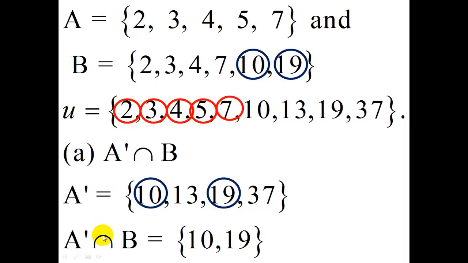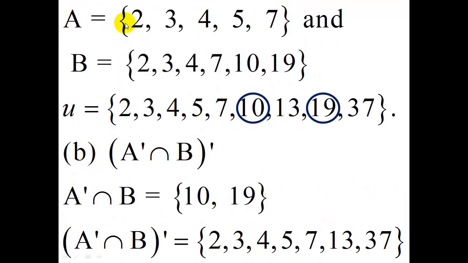So A complement intersection B means that we are to search for elements that belong to A complement and also belong to B. And we can see that the elements are 10 and 19, because 10 and 19 belong to the set B, and 10 and 19 also belong to the set A complement. And therefore A complement intersection B is equal to 10, 19.